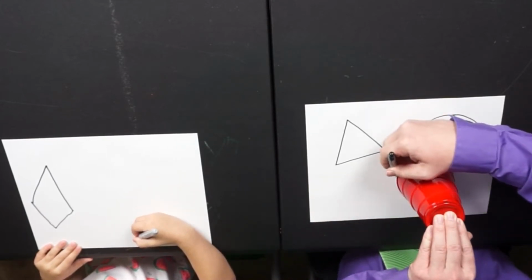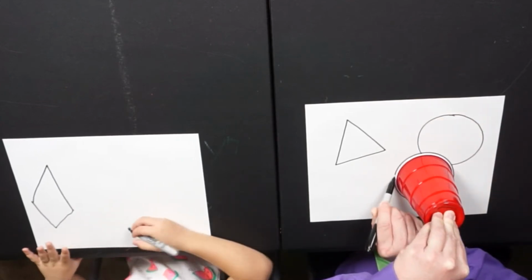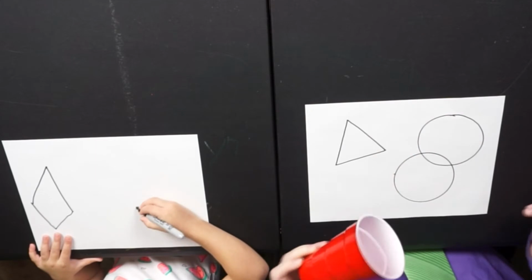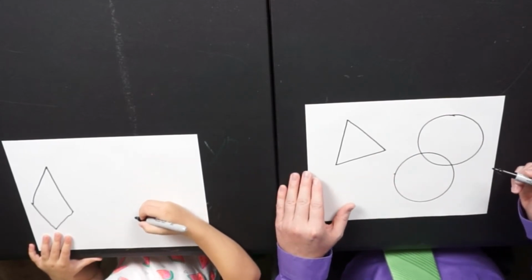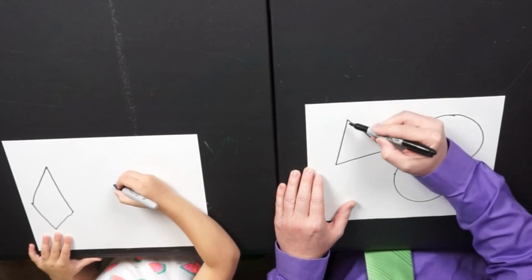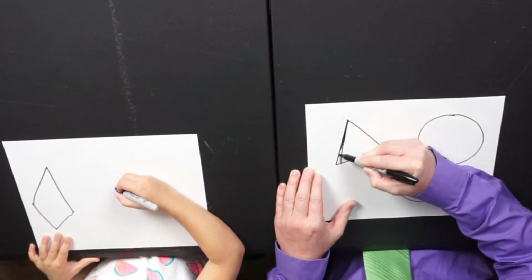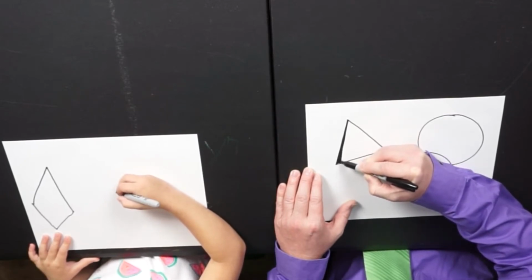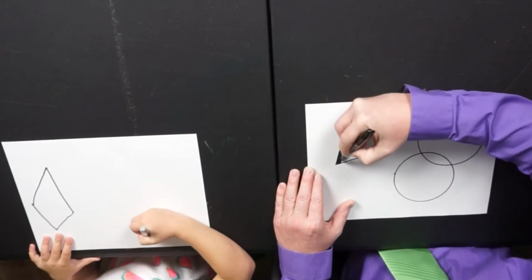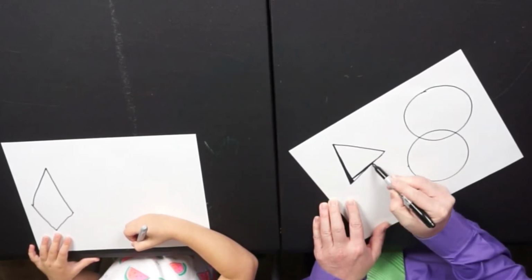You could even trace something like this cup if you want to. And you can go back and make some of your lines a little thicker, like this. Vasily Kandinsky liked to make thick and thin lines in his pictures.